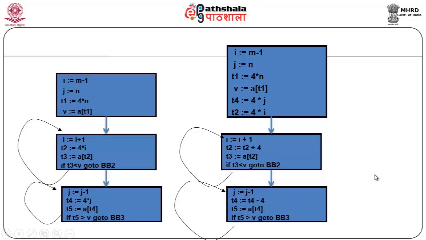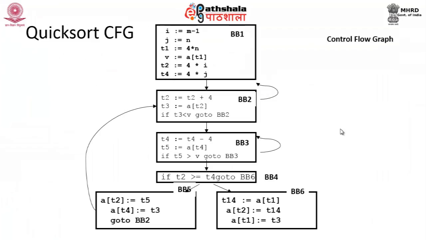T2 is equal to 4 into i, so for example, if i is 10, T2 will be 40. If j is 6, T4 will be 24. Normally I would be comparing 6 with 10. If I get rid of i and j here, I will be comparing T2 and T4. Rather than comparing 6 and 10, I am comparing multiples of 6 and 10 by 4. Again it is a common constant factor, therefore I can do that. So I will be comparing T2 and T4, and that is what is happening here.